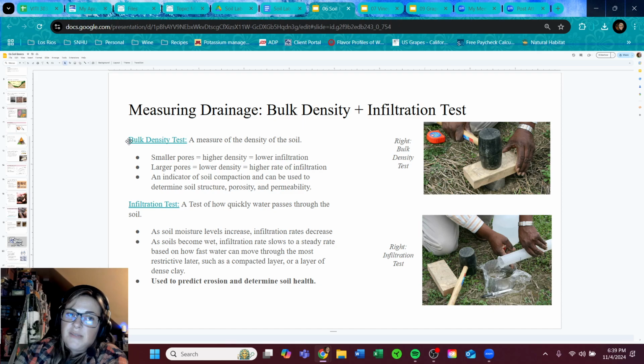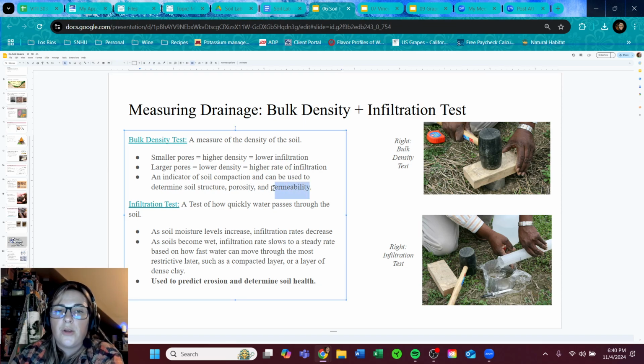For the questions about bulk density or infiltration, the big points I want you guys to take away from this are what the test is and what it's testing for in the soil. Bulk density has to do with, of course, the density of the soil, but also with permeability, right?